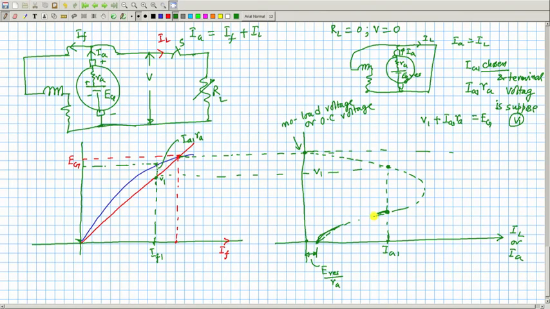This point is, maybe it will be here, but nonetheless V plus IA RA is EG. So this length is also IA1 RA and the generated voltage will be then this much. So this is once again IA1 RA.